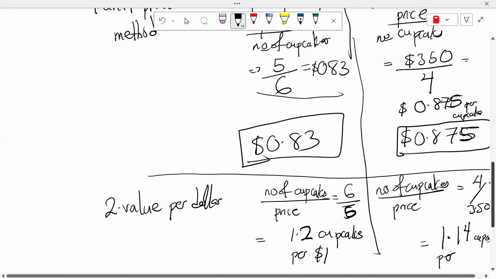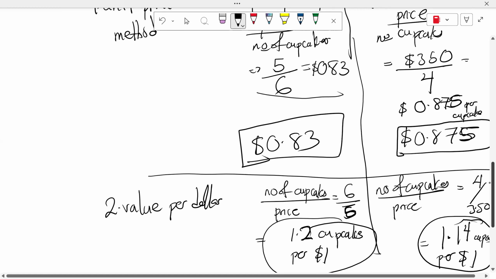So which one offers the better value? Which one are you getting more cupcakes from? This one. You're getting 1.2 cupcakes per dollar. This one you're getting just 1.14.